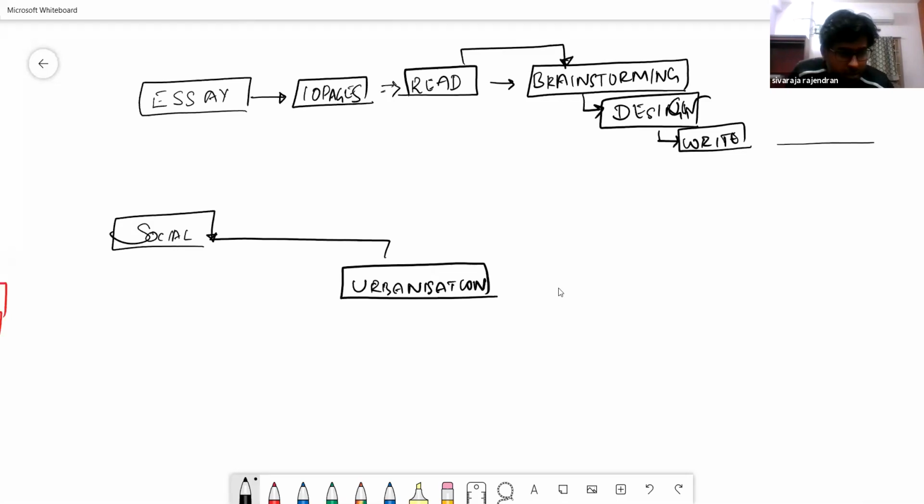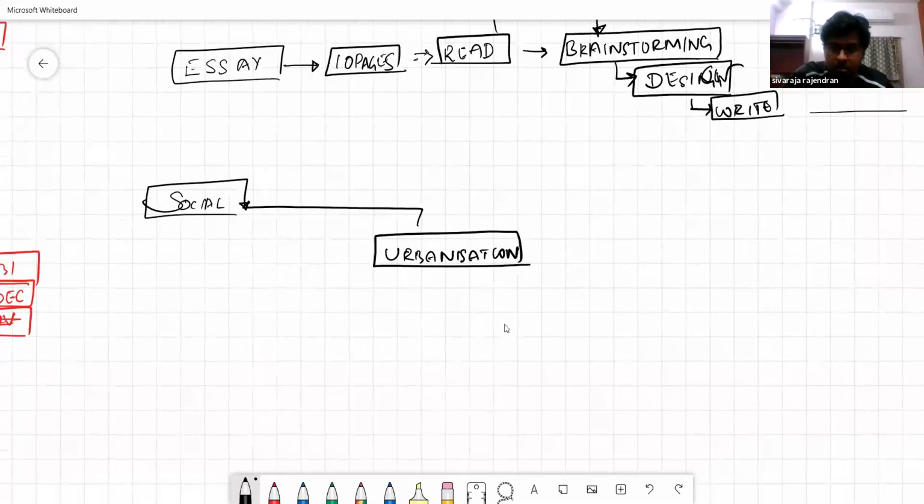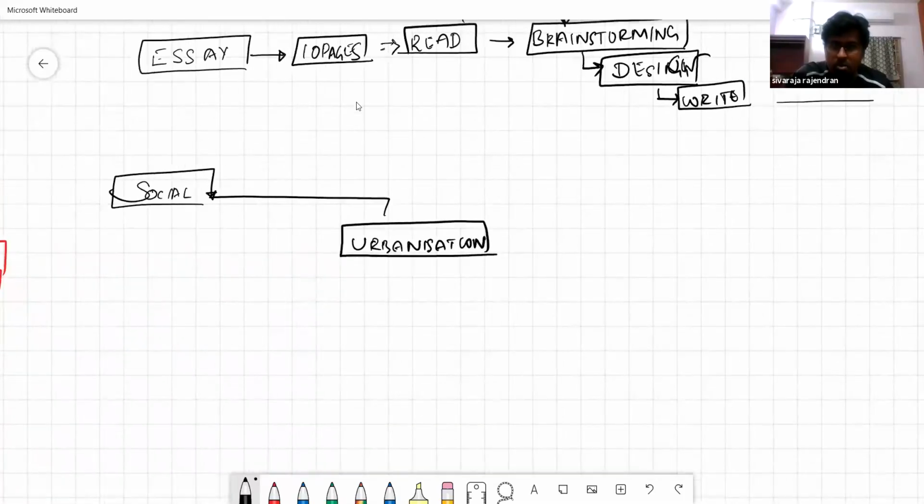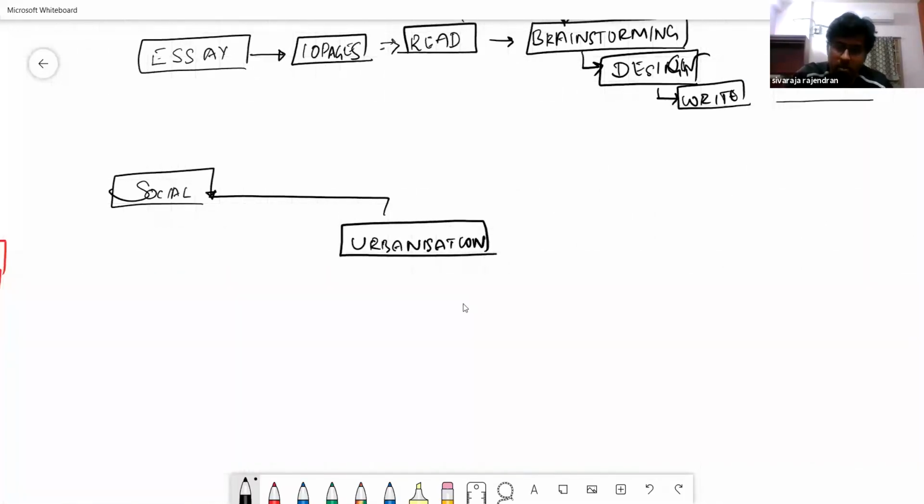So urbanization and its impact, social impact. What are all the social impacts? You can tell me any social impact. What are all the social impacts of urbanization? Cultural mixing.